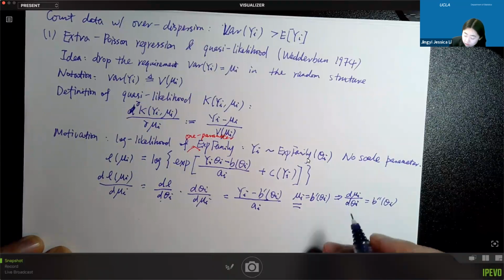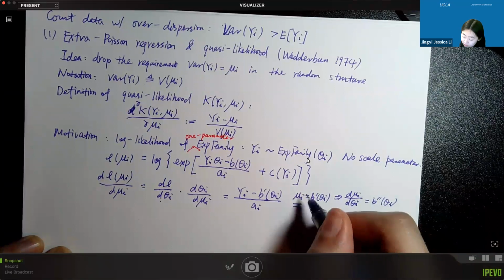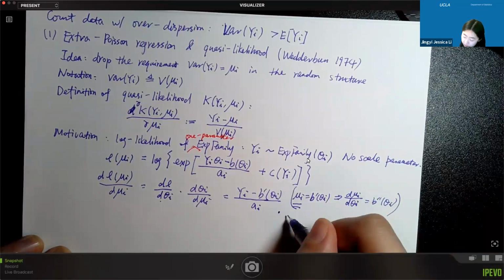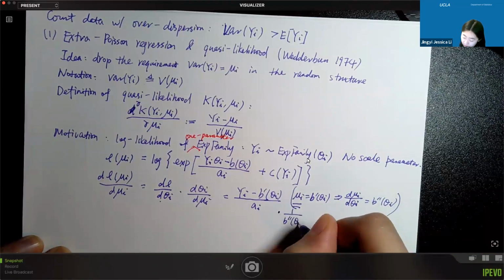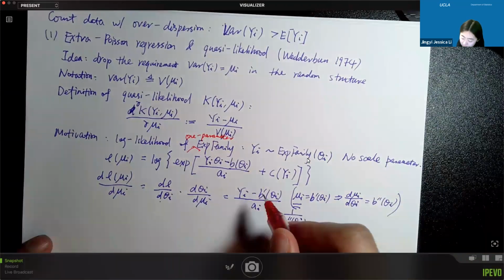The second term is going to be 1 over b double prime of theta_i.